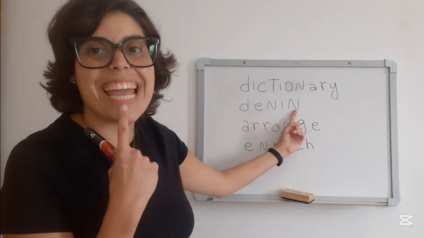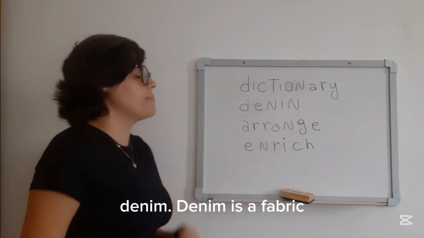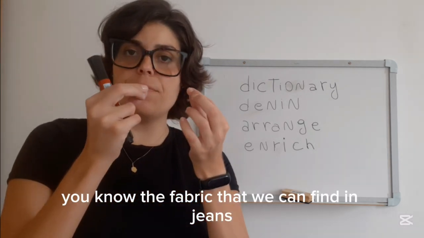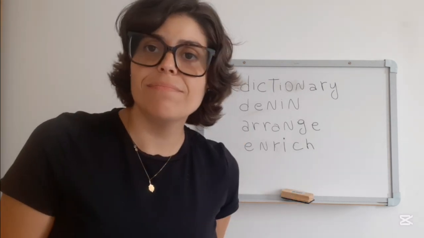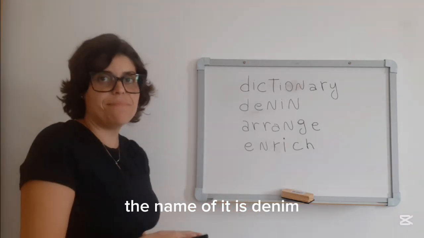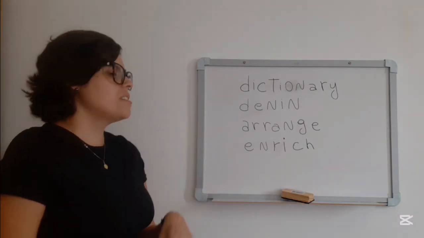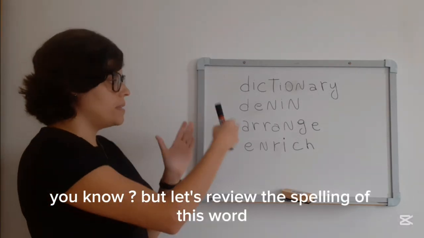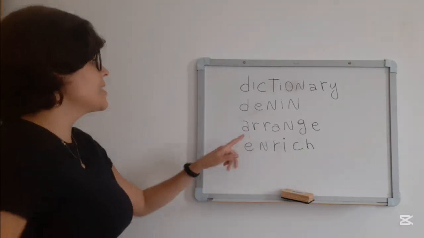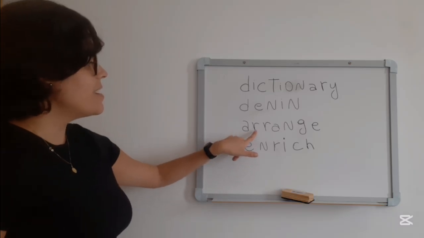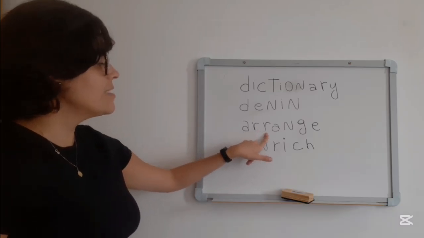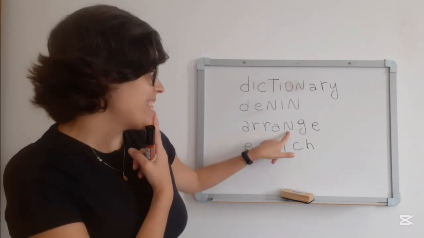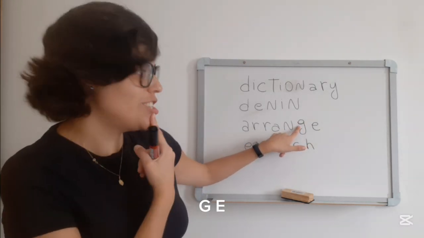D-E-N-I-M. Okay? Denim. Denim is a fabric. You know, the fabric that we can find in jeans? The name of it is denim. Arrange. Arrange is like a plan, more or less, you know. But let's review the spelling of this word. A-R-R-A-N-G-E.